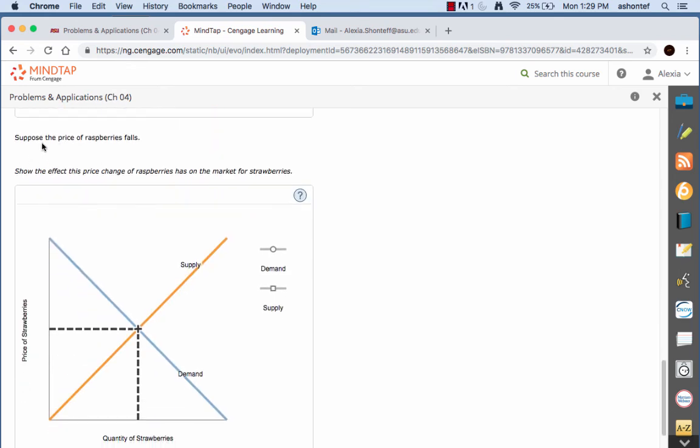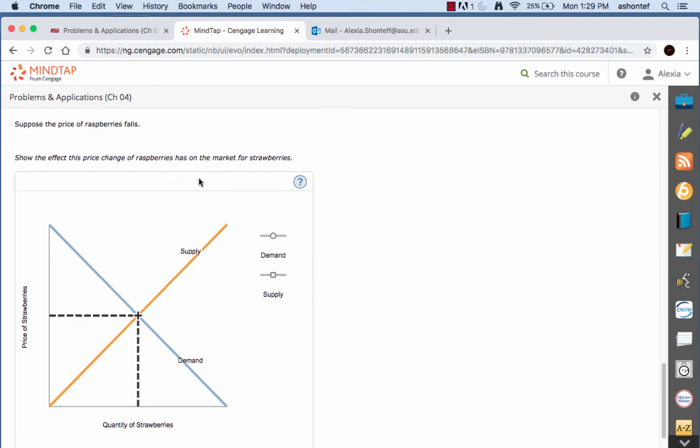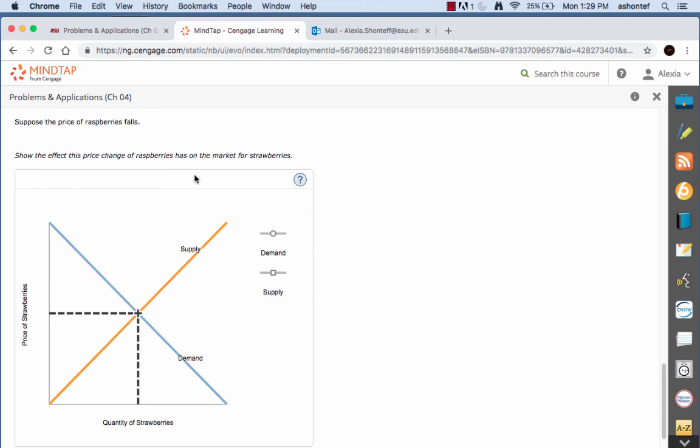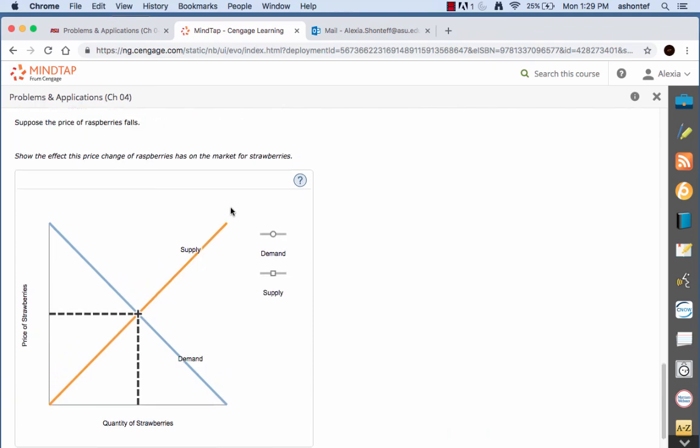And then this one says, suppose the price of raspberries falls. What impact will it have on the strawberry market? So what you want to be doing here is thinking about what kinds of goods these are.